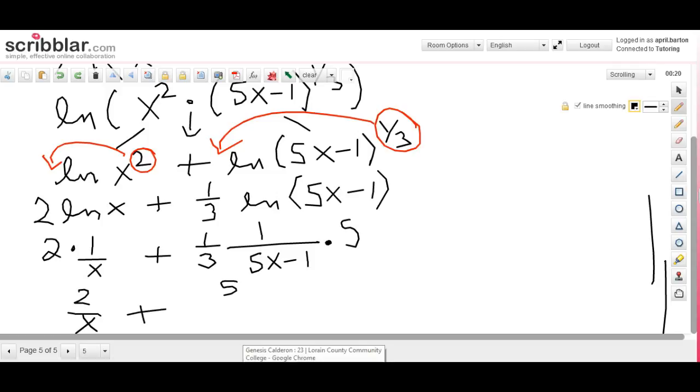Simplifying, we'd get 5 for the top of our fraction, and 3 times 5x minus 1 for the bottom. They may distribute the 3 in, they may not. So just be on the lookout to see if the answer is the distributed version or if it's just left as the factored form. So hopefully that answers all your questions on taking the derivatives of logarithms and natural logarithms.